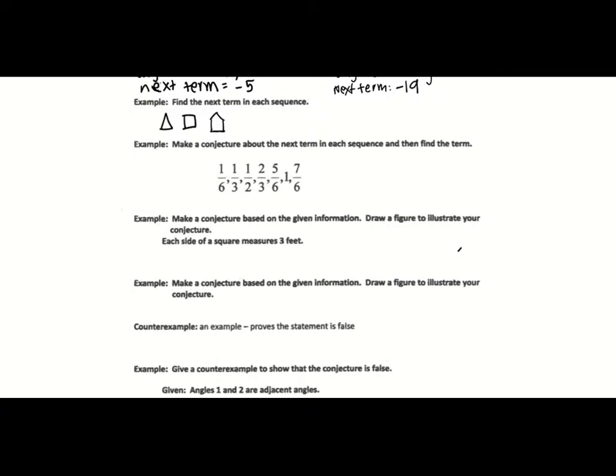So in order to find the next term in my sequence, I have 3 sides on this shape, 4 sides on this shape, 5 sides on this shape. So my next term in this series is going to have 6 sides. My conjecture is that I add 1 side each time.